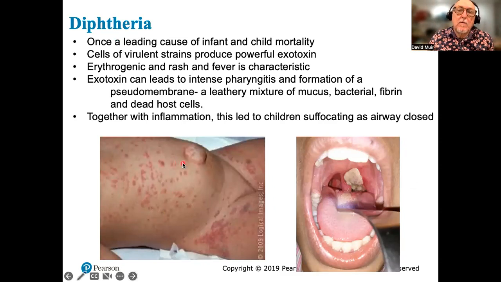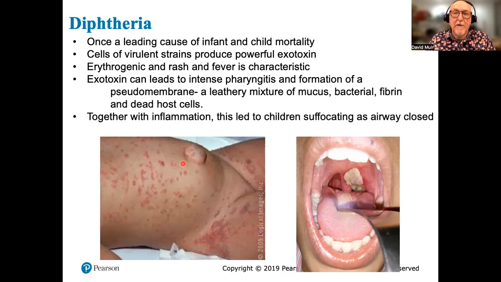It used to be one of the leading causes of infant mortality, and all through history, right up until the advent of antibiotics, especially in the 19th century, it reached a point where most families could count on losing at least one child to diphtheria.